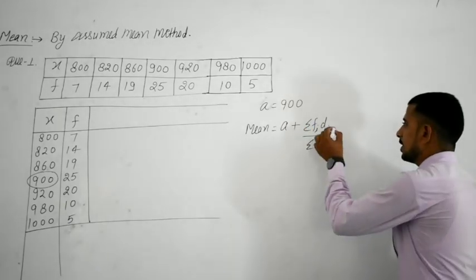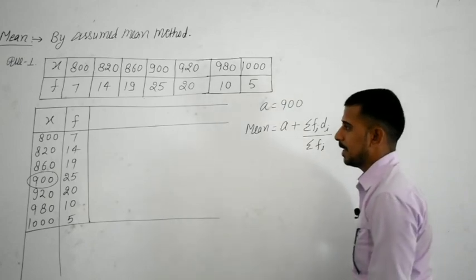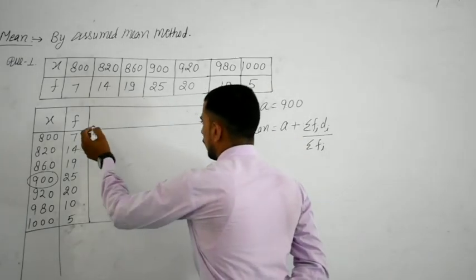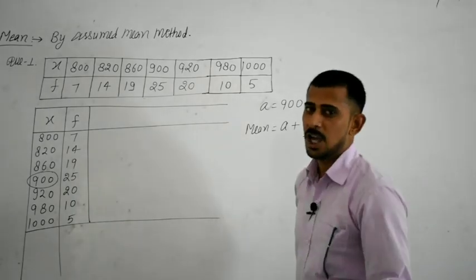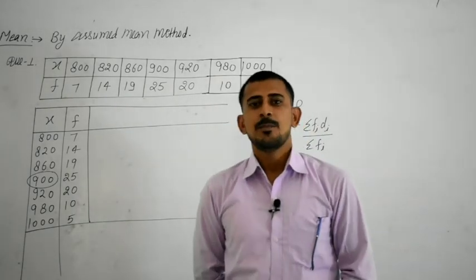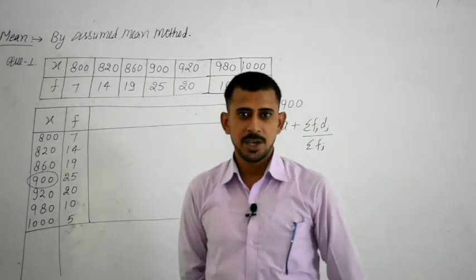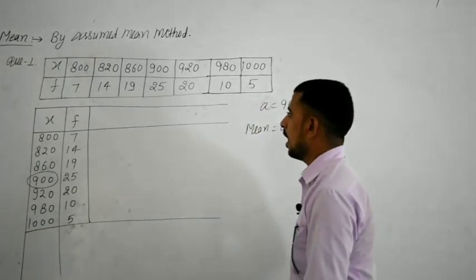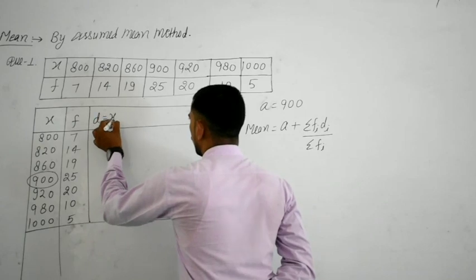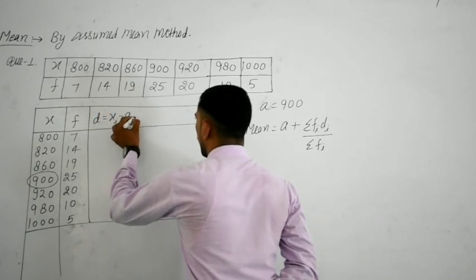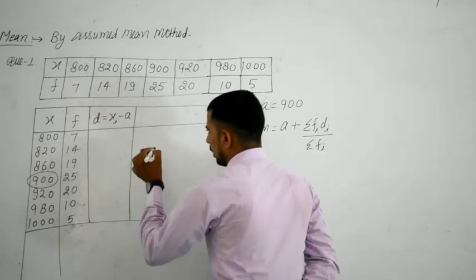It means the numerator is only summation fi di. Now find the value of d. d means deviation between the assumed mean A and class marks x. The formula of deviation d is equal to xi minus A.